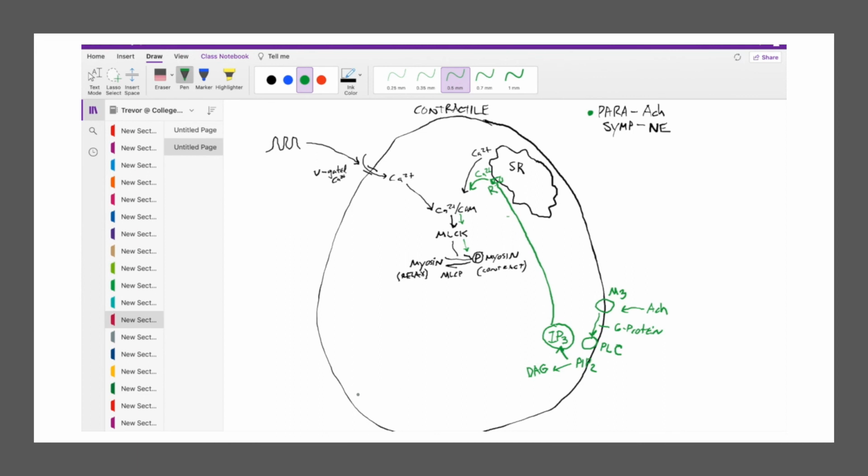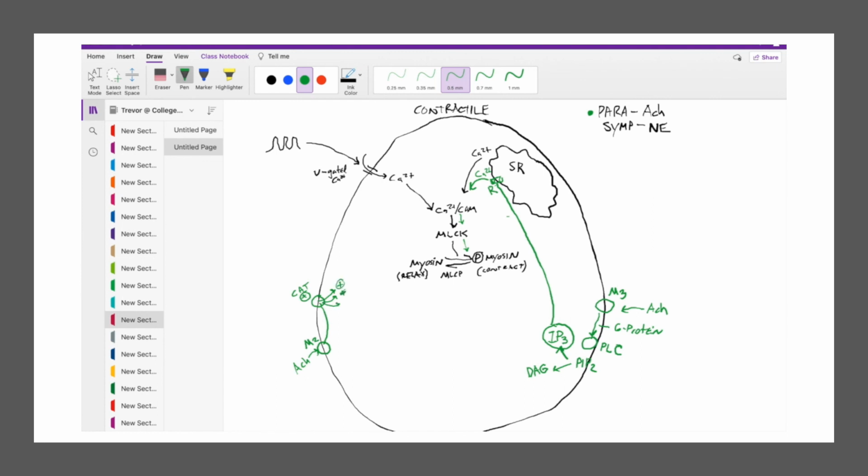Now let's look at one other muscarinic receptor. Let's say over here we'll have an M2 receptor. So acetylcholine will bind to that receptor, and this is actually going to activate a cation channel within the membrane. And that's going to allow for an influx of cations, specifically here, we're talking about sodium.